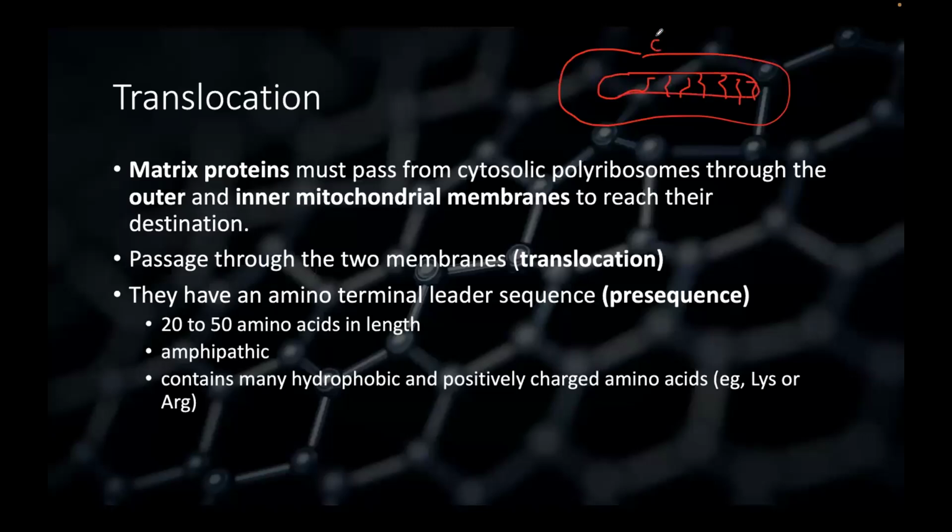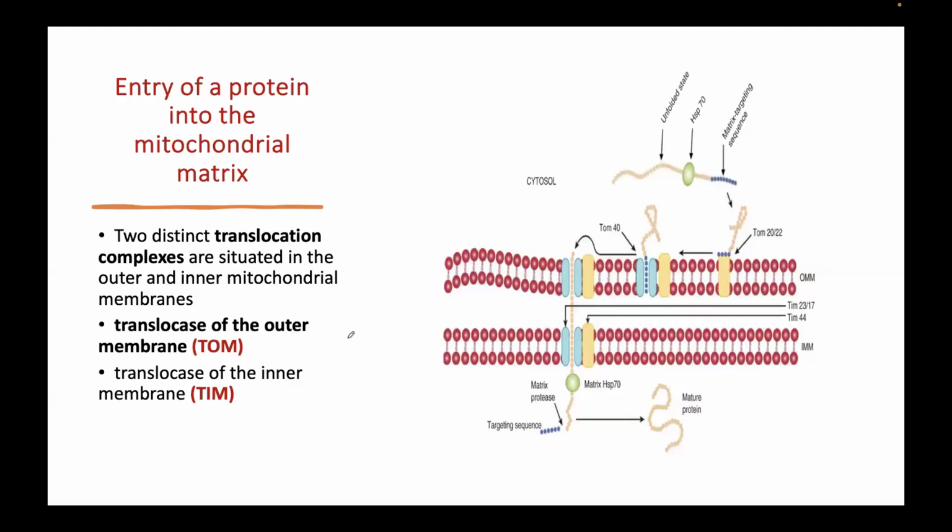This is the outer mitochondrial membrane. This is the inner mitochondrial membrane. The transport or passage of one matrix protein from one membrane to the other, that is translocation. So here, this is what we call the TOM, not tomb, but TOM, which means the translocase of the outer membrane, and the TIM, translocase of the inner mitochondrial membrane.